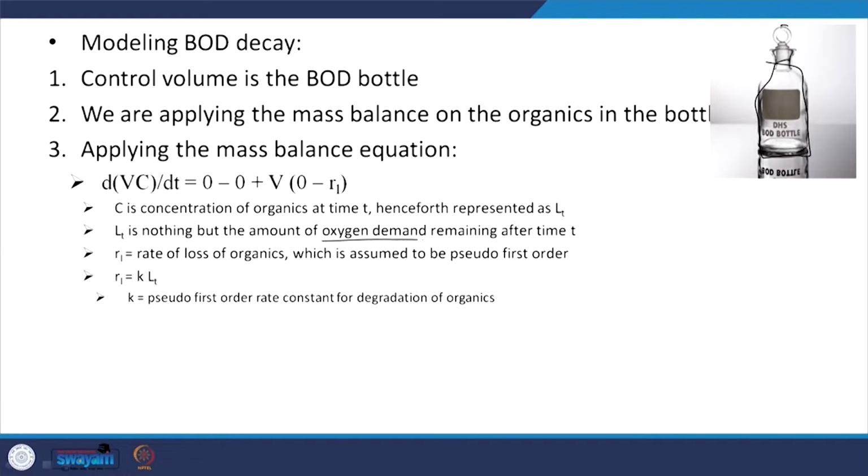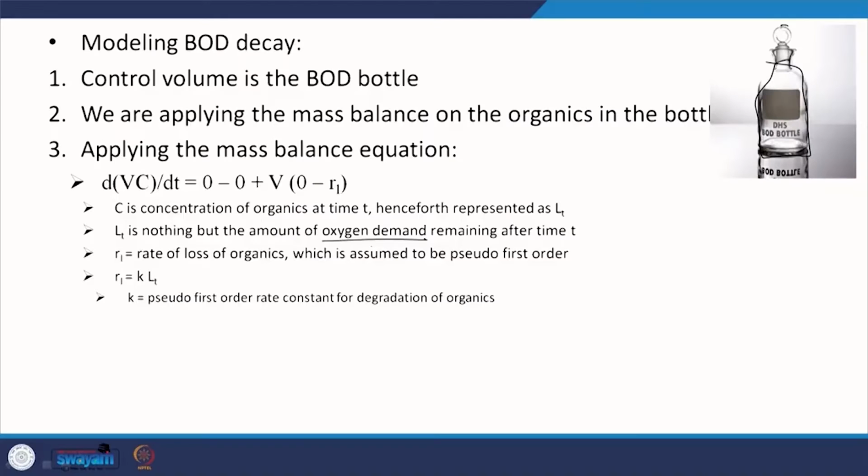Again, please note that when we are talking about organic content in terms of the experiments or our measurements, we are measuring it in terms of oxygen demand. So, Lt is the amount of organics remaining, or the amount of oxygen demand remaining after time t.